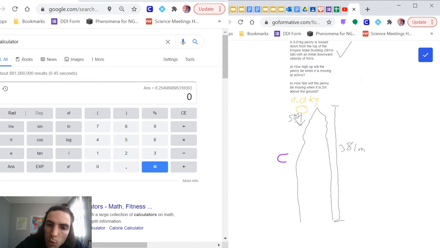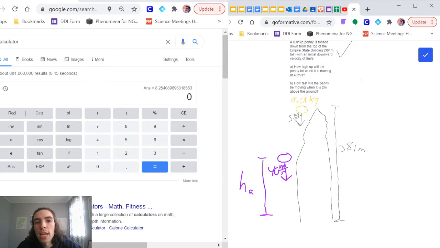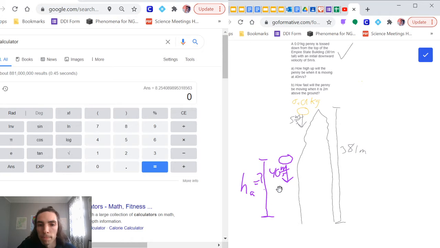I don't know exactly where this is going to be, but I'll draw our penny moving somewhere at 40 meters per second. And then the question is, what is the height going to be? I'm going to put a little subscript A just to remind myself that this is for part A. That's not totally necessary, but subscripts help me stay organized in my problem solving.